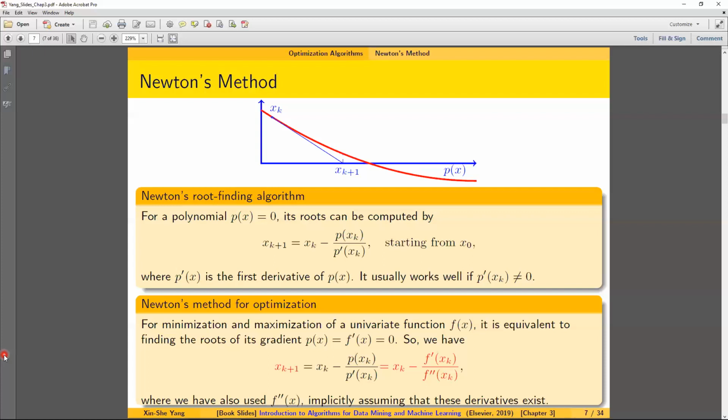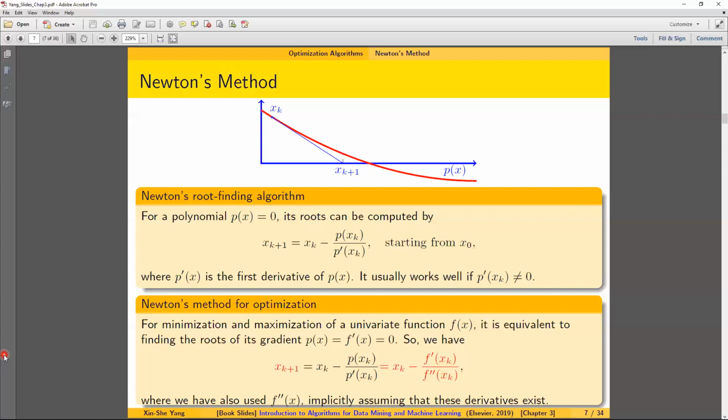So for minimization and maximization of a univariate function f(x), in order to find the solution, it is equivalent to finding the roots of its gradient, or f'(x) equal to 0.